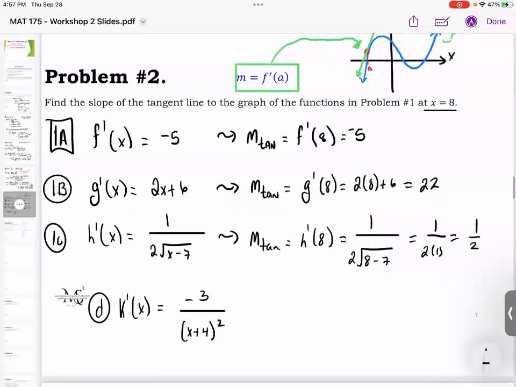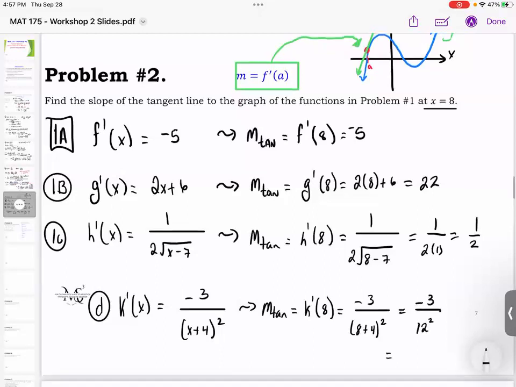Okay. And lastly, for part D, our m tangent is going to equal k prime of 8, which is -3 over 8 plus 4 squared. What's 8 plus 4? 12. So this is -3 divided by 12 to the second power.